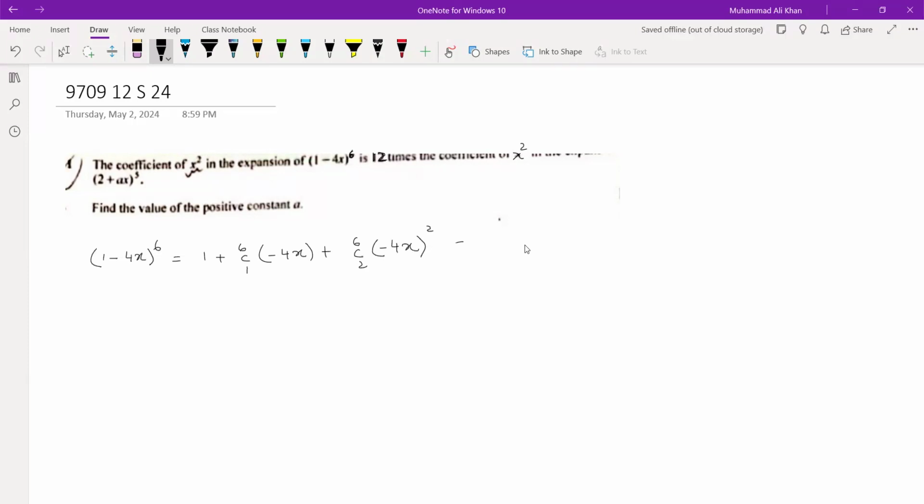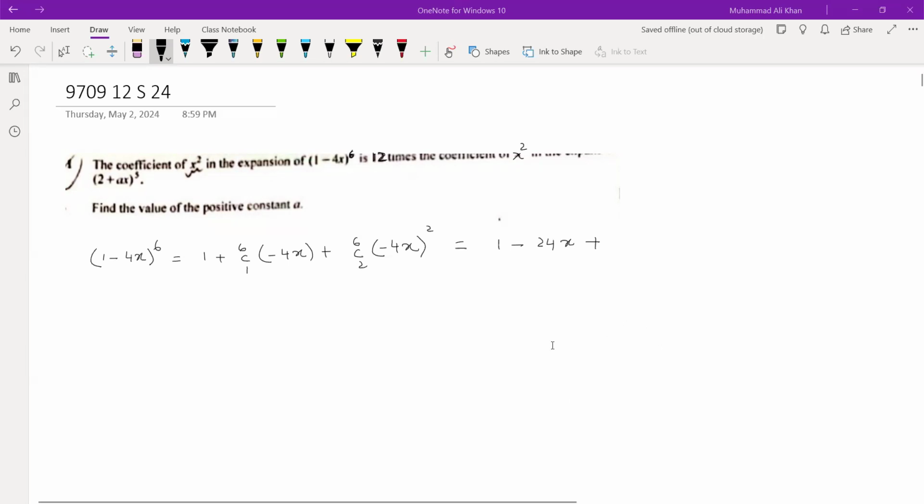So therefore, it will be 1 minus 24x plus this will be 6C2 multiplied by 16.